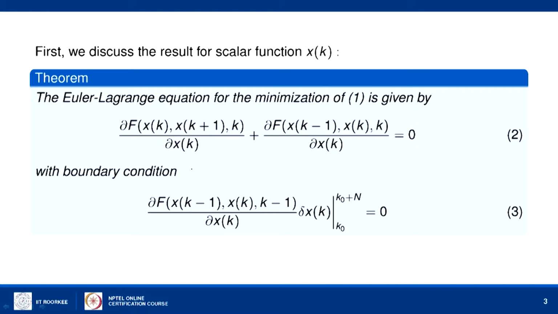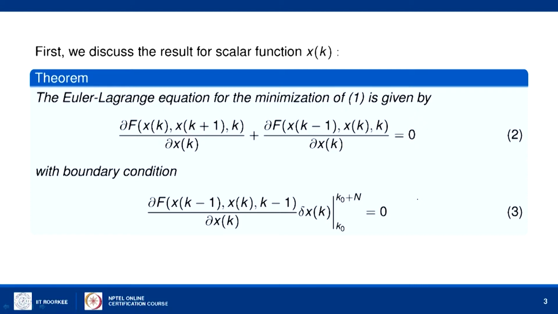The boundary conditions are given by this expression. The partial derivative of F of x of k minus 1 by del xk has to be equal to 0.